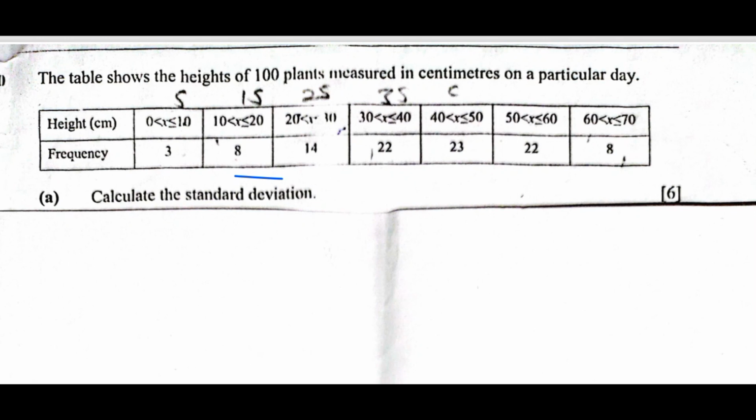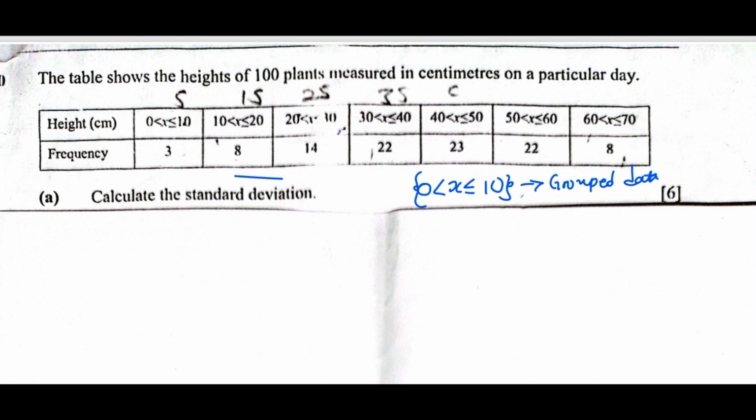If you are given intervals like 0 less than x less than or equal to 10, whenever you are given this kind of interval, just know that you are dealing with grouped data.